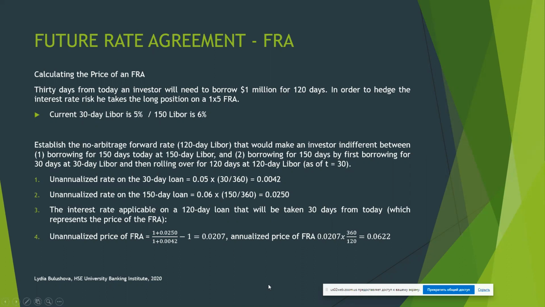So if we have something for 1 month, then I have a loan for 1 month, and I have a loan for 4 months then. And at the same time, I have a loan for 5 months from now.